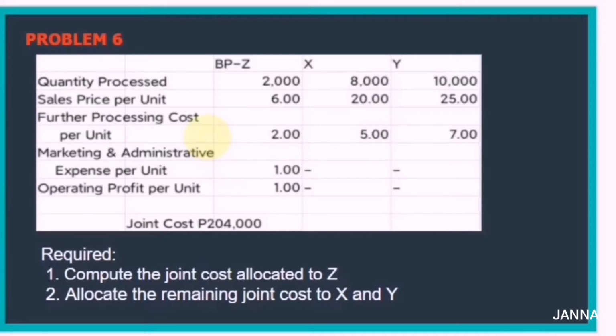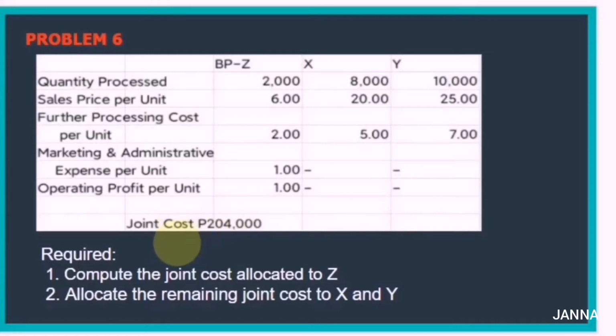Further processing cost per unit by product Z, 2 pesos, product X, 5 pesos, and product Y, 7 pesos. Marketing and administrative expense per unit by product Z, 1 peso, product X and product Y, none. Operating profit per unit by product Z, 1 peso, product X and product Y, none.